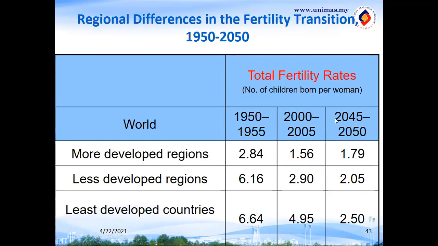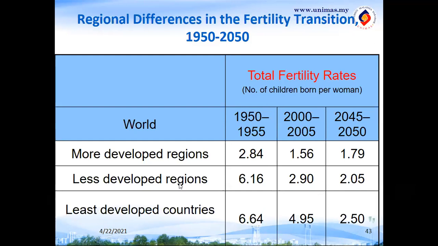People will be concerned about the danger of having fewer children born per woman that could jeopardize the economy and so on. So it is projected that even among the more developed regions there will be more concern, but on average the total fertility rate, the number of children born per woman, would still be below 2.0, below the replacement level.